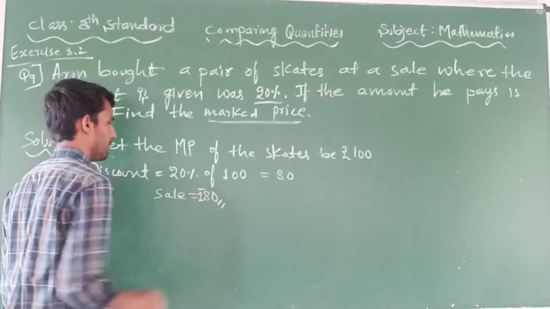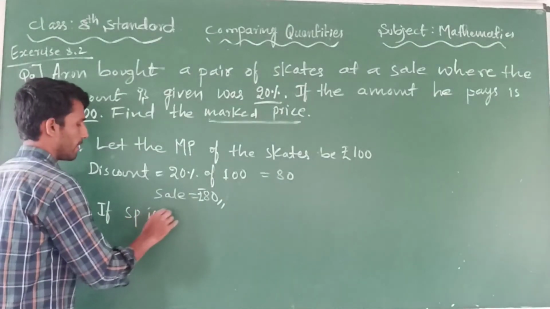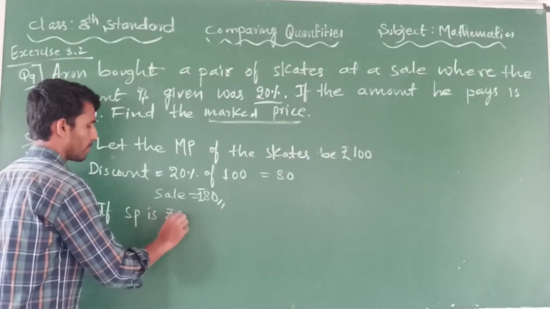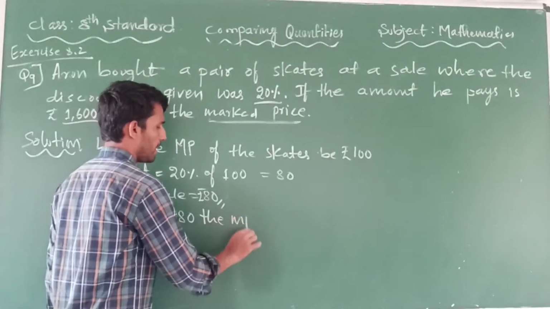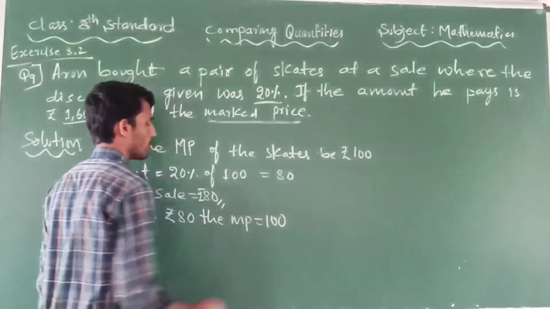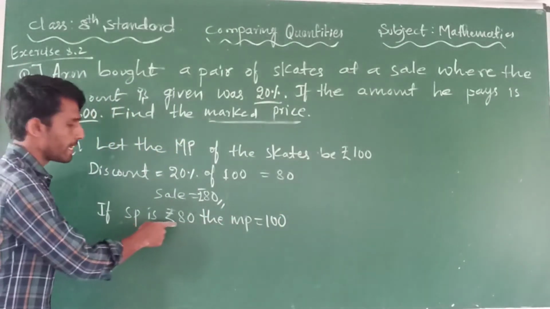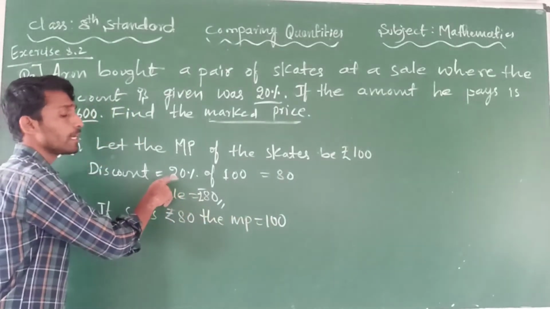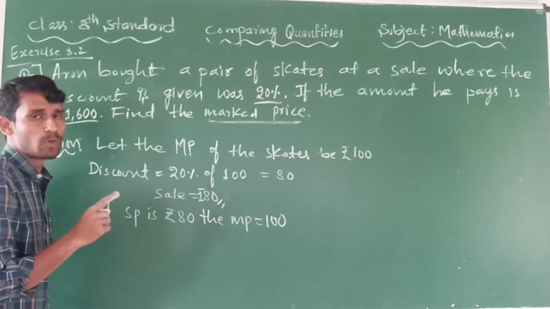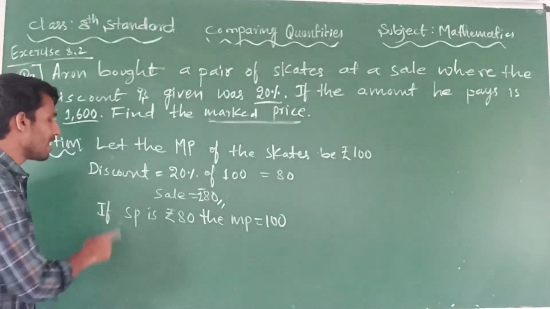Sale price 80. If selling price is 80 rupees, then MP is 100 rupees. If selling price is 80 rupees, it means market price is 100 rupees, because we have 20% discount. When you do the subtraction from 100, you will get 80, that is the sale price.